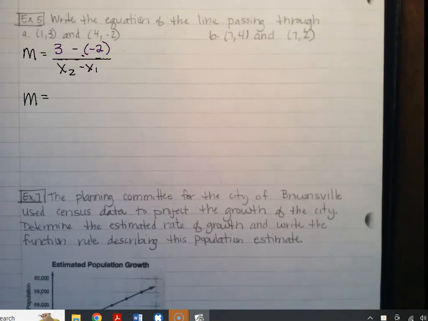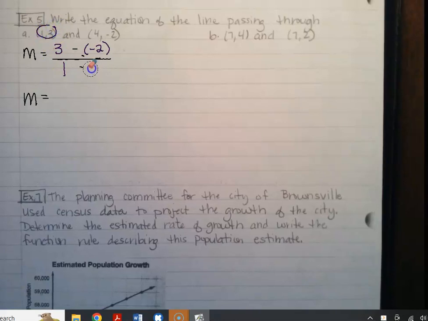Okay, good. So then what's our first x value have to be? 1. Why does it have to be 1? The y2 was on that one. We picked the 3 first, so we have to use the 1 first. We can't switch. Good, so the 3 and the 1 come from the same coordinate. Perfect explanation.